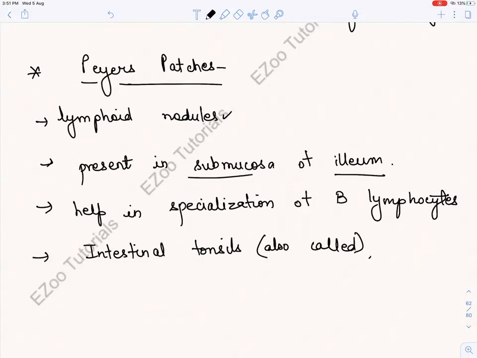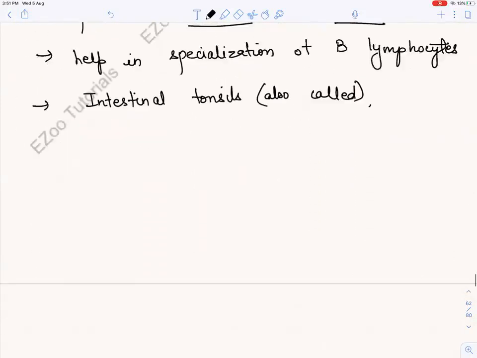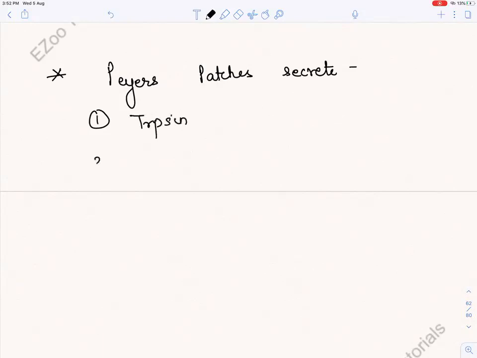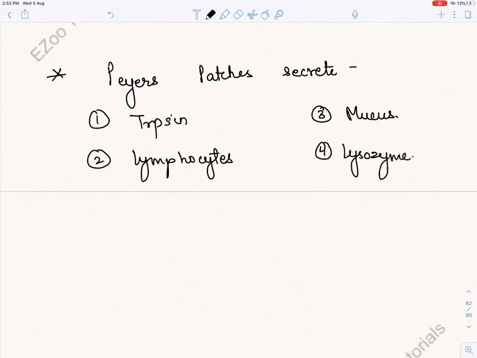So now suppose a question comes and it asks, Peyer's patches secrete. Very easy question. The options that they will give are trypsin, lymphocytes, mucus, or the fourth option can be lysozyme, right?